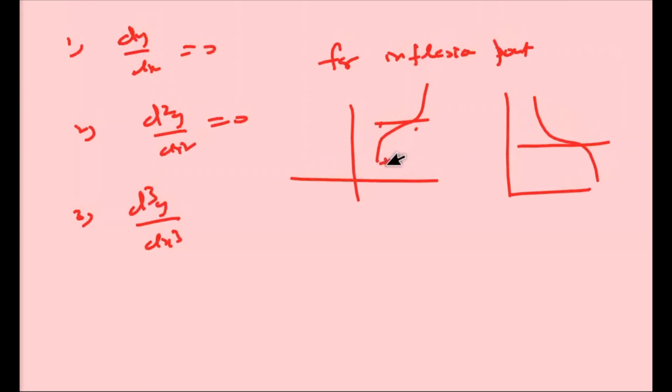First it changes positive to 0, then 0 to positive, and here negative to 0 and 0 to negative. So we can say here positive to 0 means value is decreasing. Value is decreasing, right? But again here value is increasing, 0 to positive.